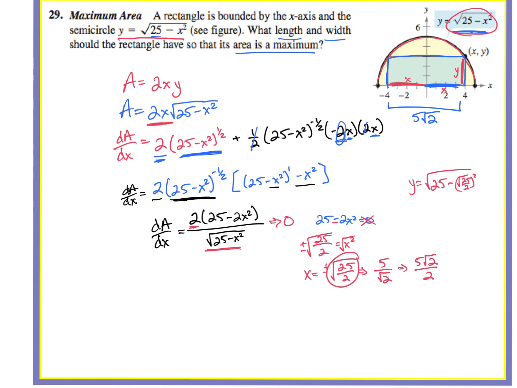So we end up having 25 minus 25 over 2, which is, again, the square root of 25 over 2, which is the same thing as saying 5 over square root 2, or 5 square root 2 over 2. So my height is 5 square root 2 over 2. And just like the one we did on the river problem of Gandy's Ranch, it ends up being 2 squares. All right, so that is how we find the maximum area.